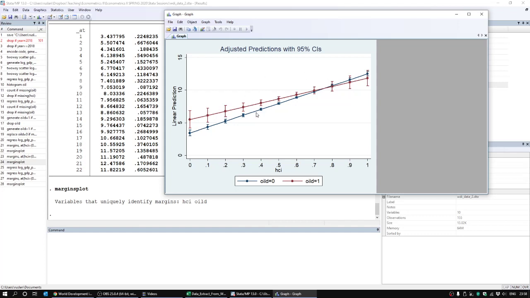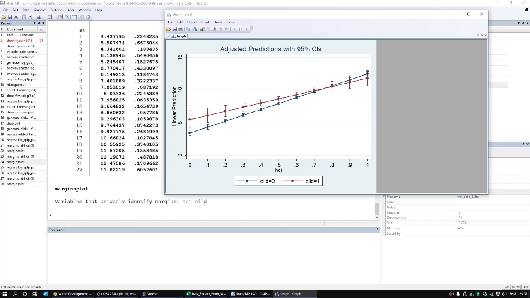The general picture here tells us that the effect of human capital index on GDP per capita is stronger in oil-poor countries. In oil-rich countries, higher human capital still increases GDP per capita, but at lower rates.